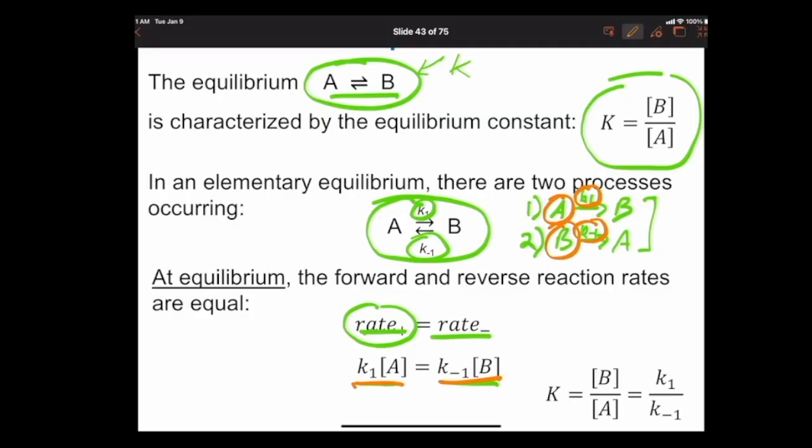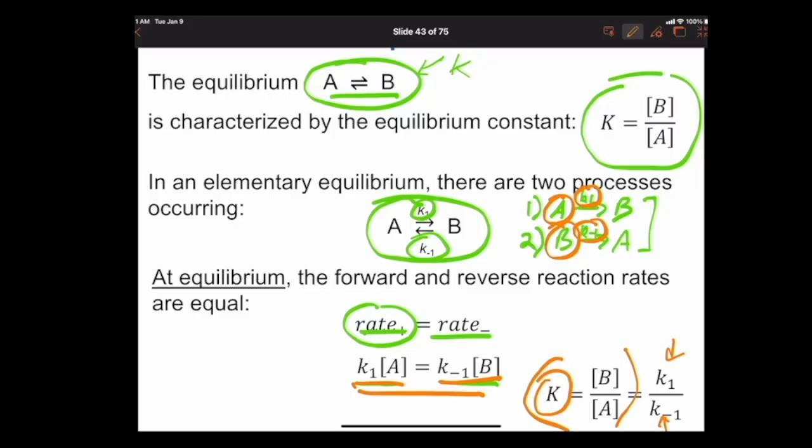That means I can express this equality here as my normal canonical equilibrium constant. All we're saying is we've got this new way of defining. Capital K, we talked about before, was concentration of products over concentration of reactants. When we're talking about it in terms of little k's, capital K can be decomposed into the forward rate constant, little k1, divided by the backwards rate constant, little k minus 1.